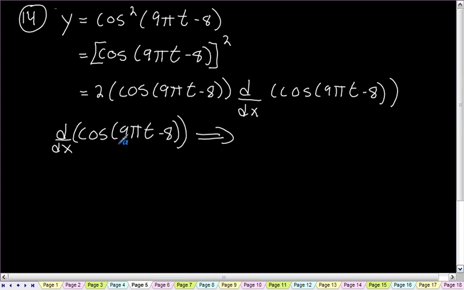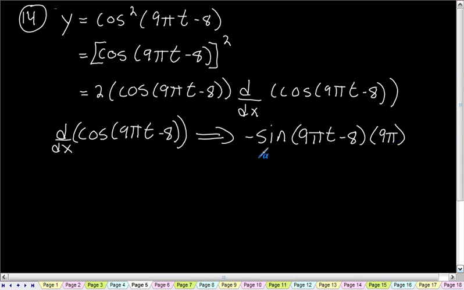Outside being cosine, its derivative is negative sine, keeping the inside the same. Now we take the derivative of the inside of the parentheses, which is 9 pi t minus 8. The derivative of minus 8 is 0. The derivative of 9 pi t is 9 pi, because this is t to the 1. We take that 1 away, bring it out to the front. That becomes a 0, so that just becomes 1. So we're left with 9 pi.